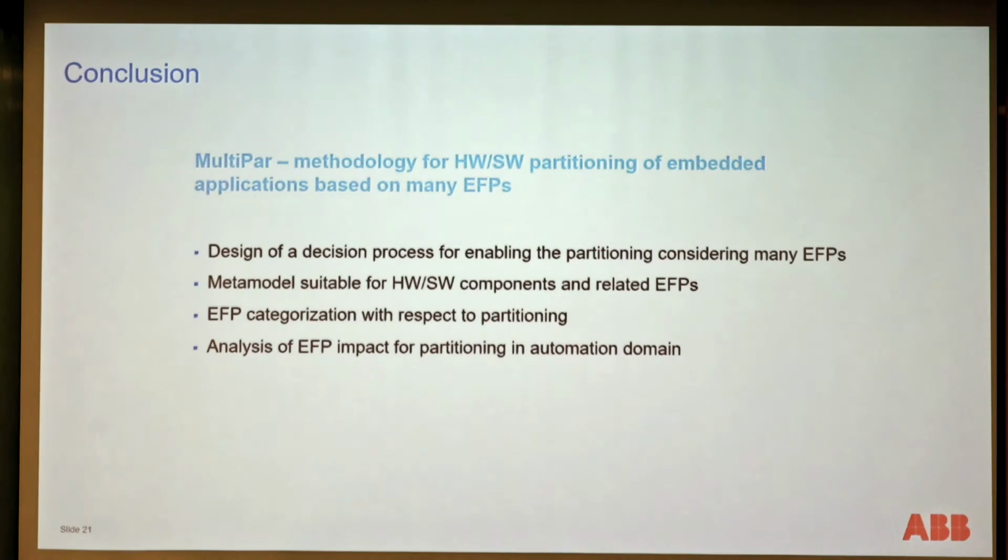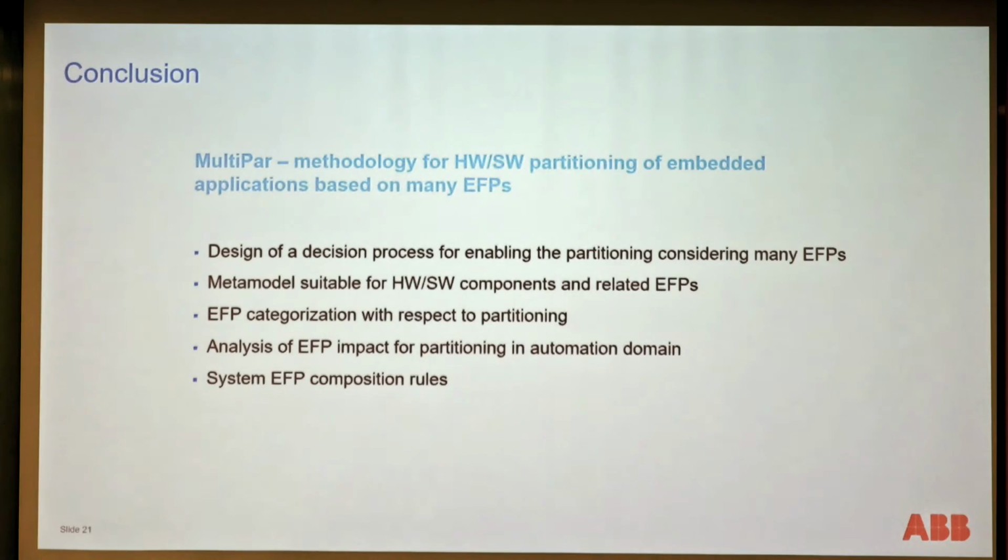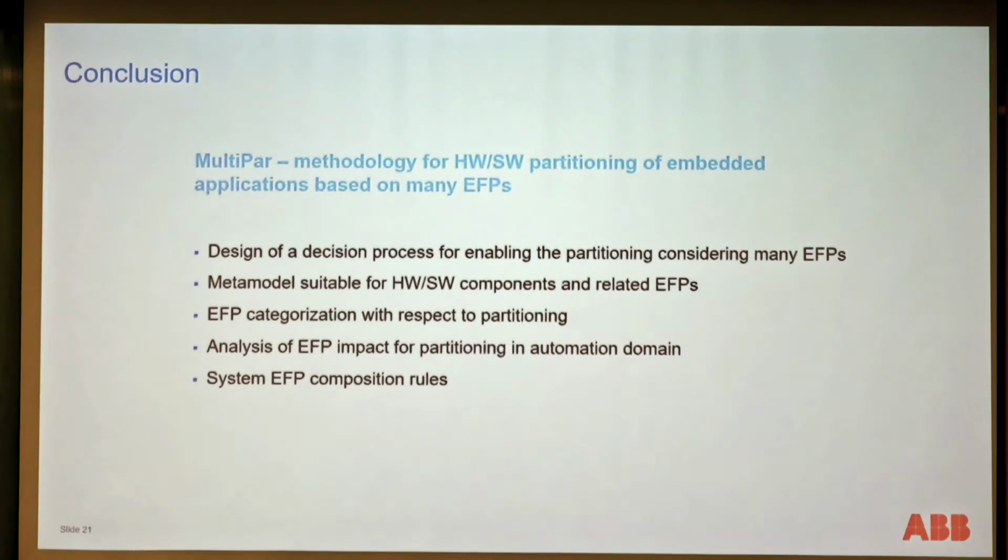We perform a suitability analysis of the impact they can have with respect to the automation domain, which are relevant and how they are considered. We define a set of system composition rules in order to calculate the system extra-functional properties using the information of the components involved, to facilitate this process.